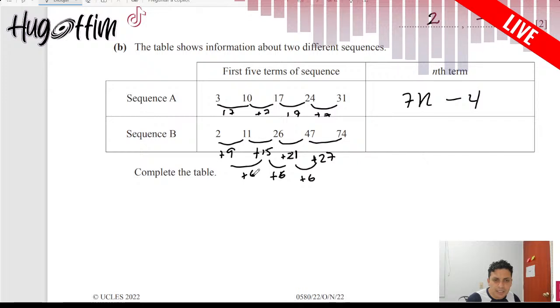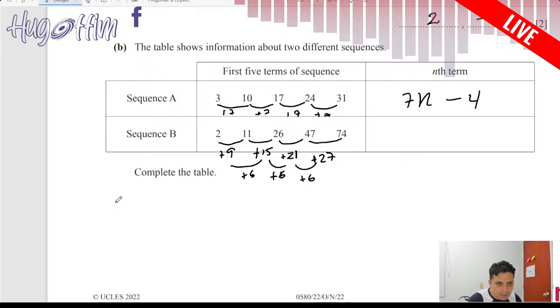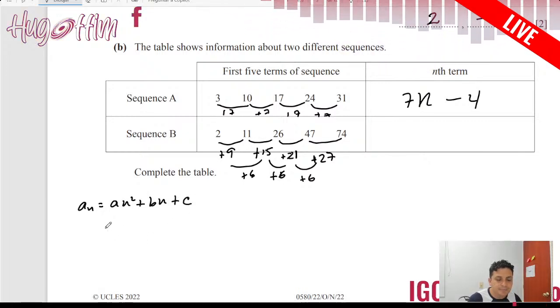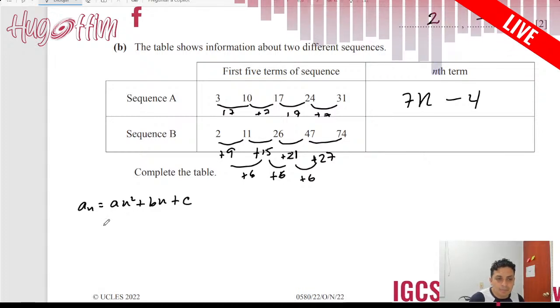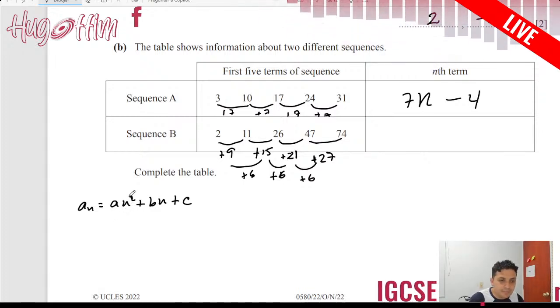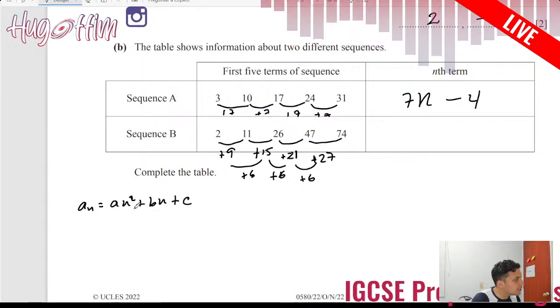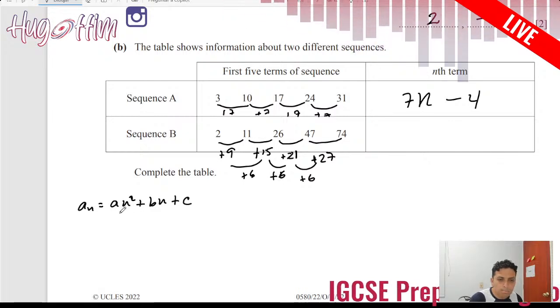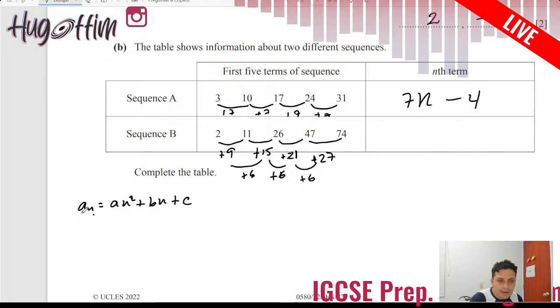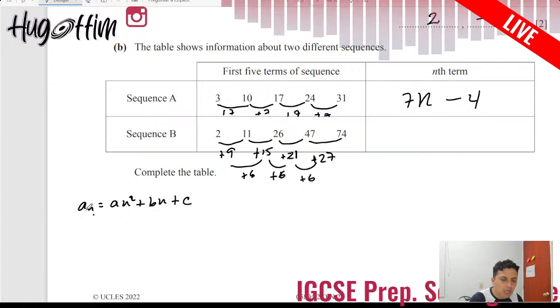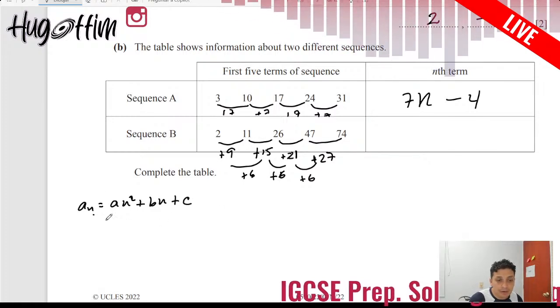Okay, so this means that this is a quadratic sequence. As this is a quadratic sequence, the nth term, a sub n, is an squared plus bn plus c. I forgot the nth term of a quadratic sequence, but it should be something like the second difference.